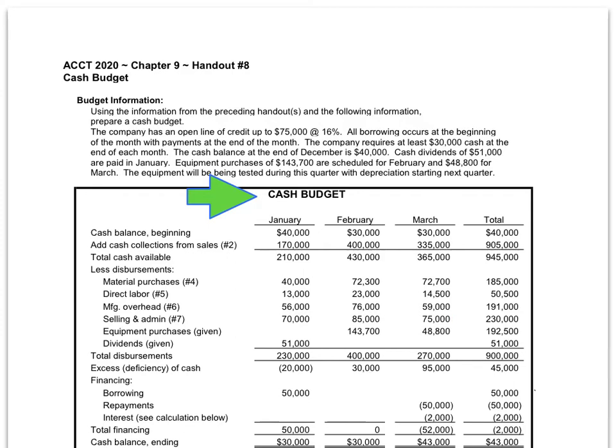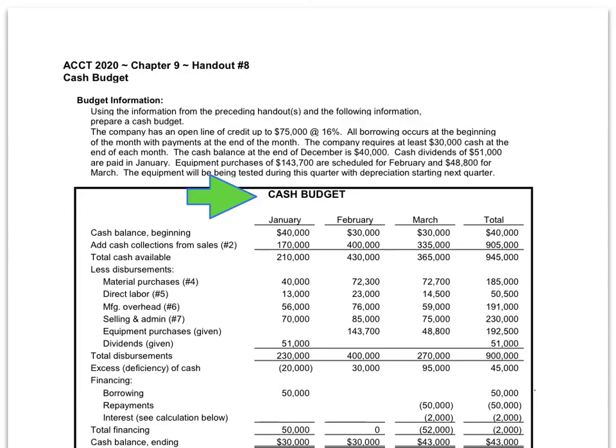Now, two things to remember on the manufacturing overhead. This isn't the total manufacturing overhead cost. This is the cash paid for manufacturing overhead. And that's why we use the number after depreciation has been subtracted out. And we do the same for the selling and administrative budget. This is after the depreciation. This isn't the total selling and administrative. And those are two things to keep in mind.